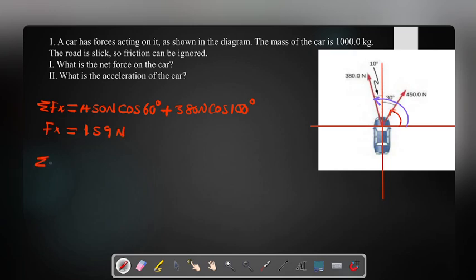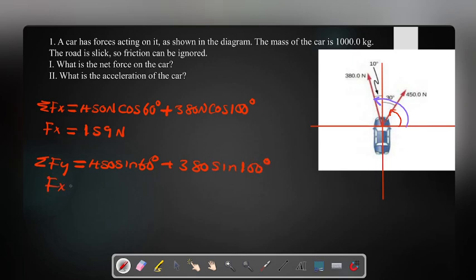Then for the y component, the summation of all the forces in the y, where there is cos you just put sine. So it will give us 450 sine 60 degrees, plus 380 sine 100 degrees.